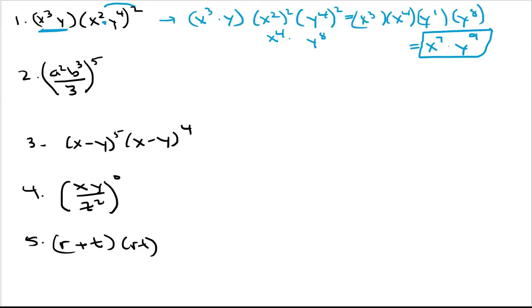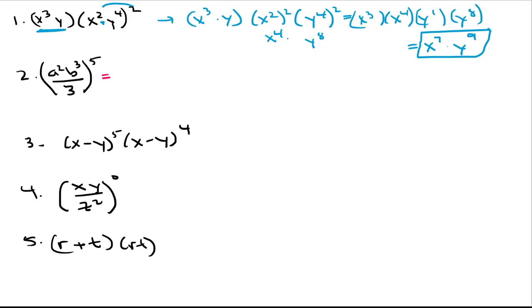Okay? Second one, same thing. We're going to distribute that 5 to each term because they're being multiplied. Okay, so a squared to the fifth times b cubed to the fifth. The denominator will be 3 to the fifth. Okay, so then a power to a power, multiply. So 2 times 5 is 10. 3 times 5 is 15.